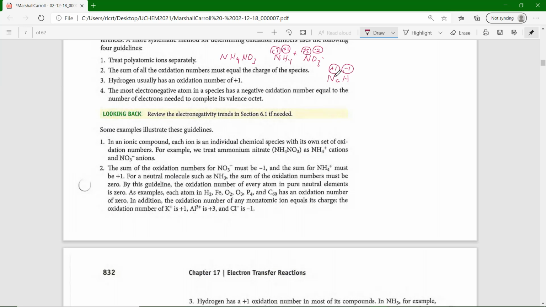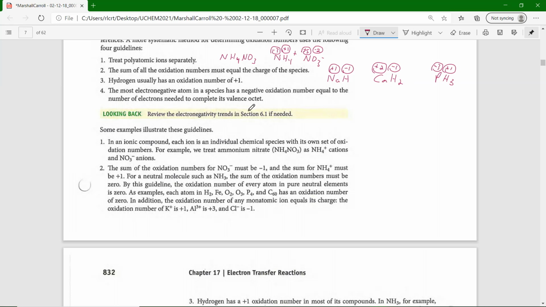Okay, again, join IUPAC, join the union, you can help make the rules. So sodium's +1, hydrogen's -1. Or calcium hydride, hydrogen is -1 because calcium is +2. The alkaline earth metals want to be +2. But something like phosphine, PH3, hydrogen is +1, phosphorus is -3.